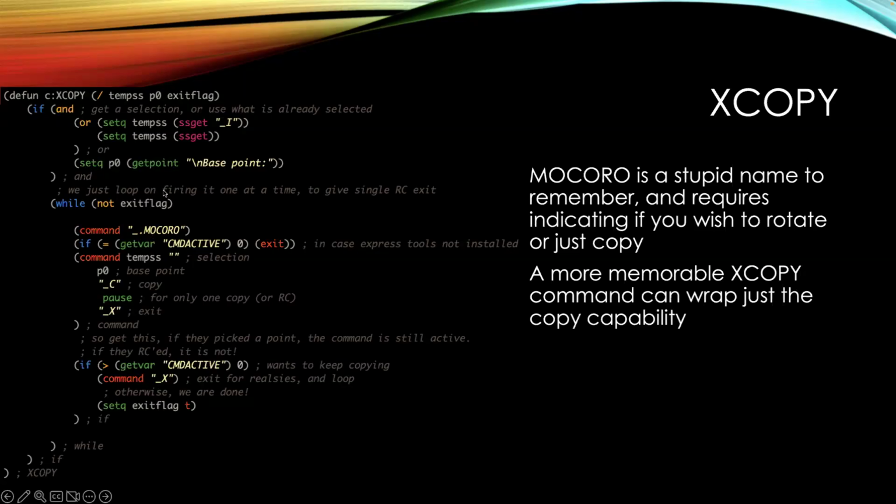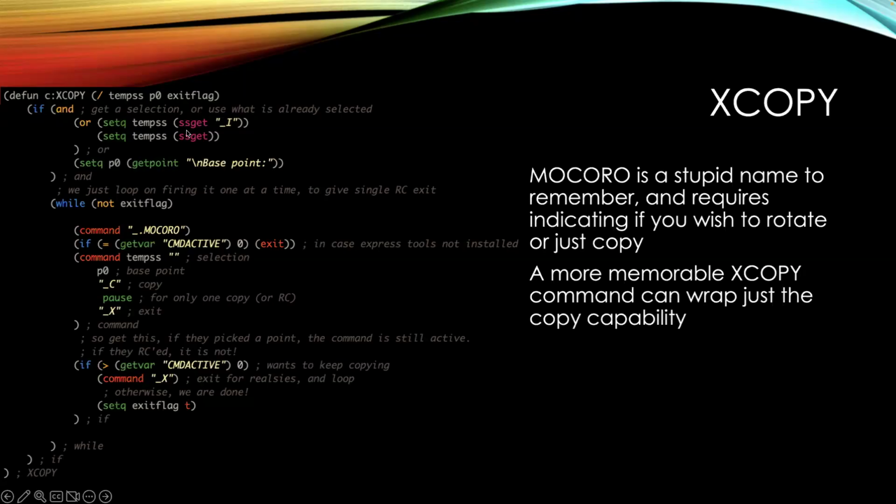First, I want to assemble the things we need. But look at this, an SSGET "I", that's an implied selection, otherwise known as just simply the current selection, objects which are currently selected. The MOCORO command supports pre-selecting objects, so we should too. So if we can grab an implied selection, we're going to use that.